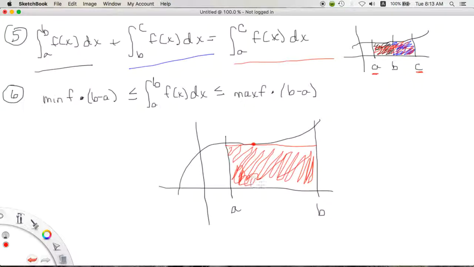Because the minimum function value gives you the length of the rectangle, and the b minus a gives you the width. So you have this rectangle here. If you have the maximum function value, it's up here, and if you multiply it times b minus a, then you've got this rectangle here.